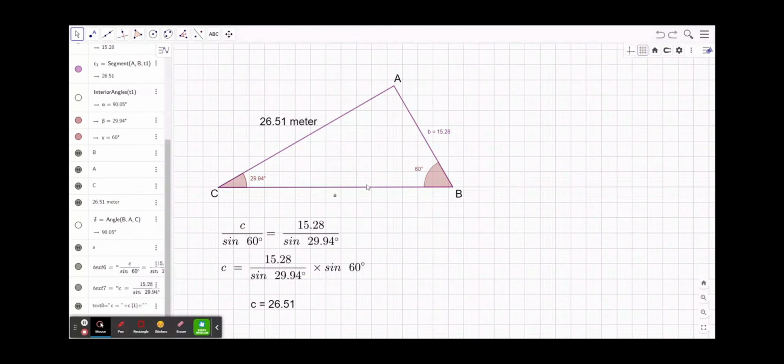Okay then, since we know two angles of the triangle, which are 60 degrees and 29.94 degrees, and we also know that the total interior angle of the triangle is 180 degrees, then we can find the remaining angle by subtracting: 180 minus 60 minus 29.94 degrees.